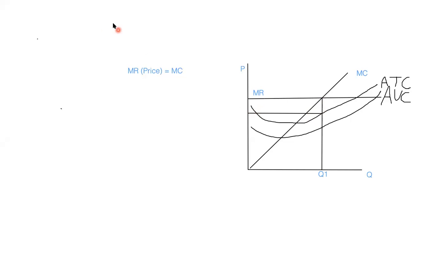And so I'm going to label this point as well so we can actually come up with a formula to calculate that. So let's label this point P2, and that will allow us to effectively calculate the profit. Okay, so now let's calculate the profit. So profit or loss equals, in this case, total revenue minus total cost. So that's kind of the standard format for determining profit or loss.